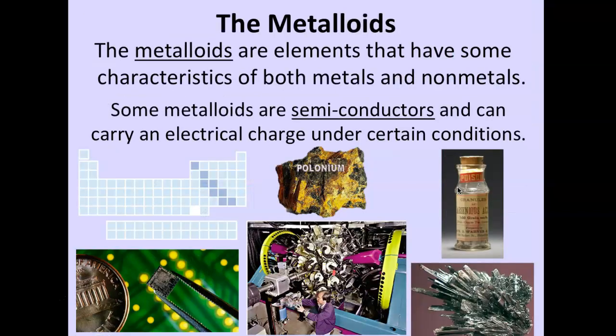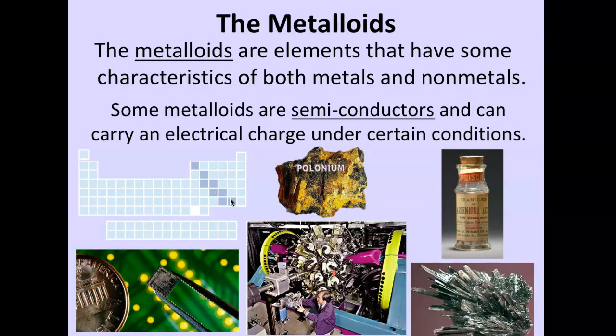And the metalloids. So the metalloids are elements that are going to have some characteristics of metals and some characteristics of nonmetals. So the metalloids are going to be found on the stair step, this little zigzag area that's in a little bit of darker blue. And the key characteristic of metalloids is that they are semiconductors.